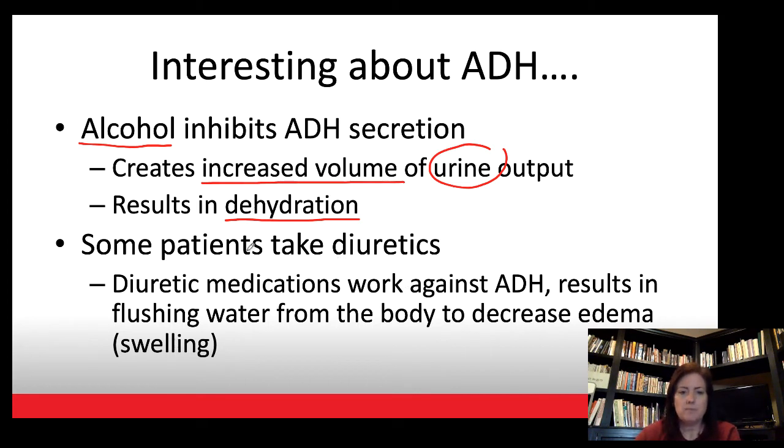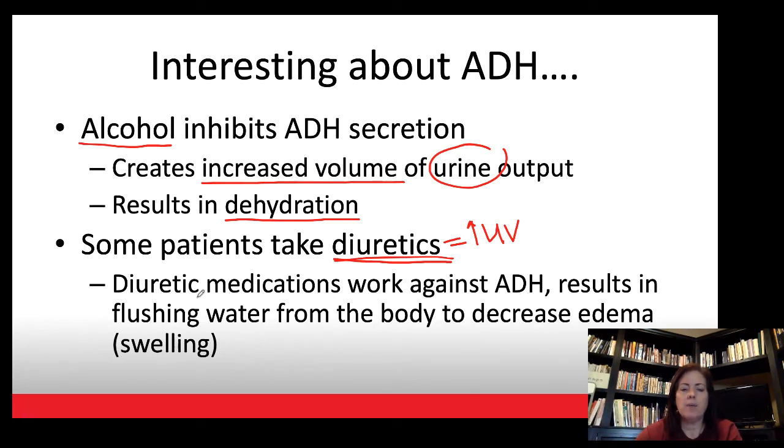And then if you work in a clinical setting, you may have noticed that you have some patients who take diuretics. So maybe they have congestive heart failure or their body tends to retain a lot of fluid. Well, they will take diuretics, which will basically increase urine volume because they're trying to get rid of that excess fluid.